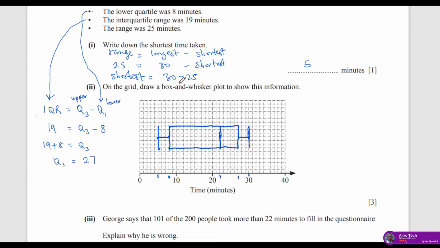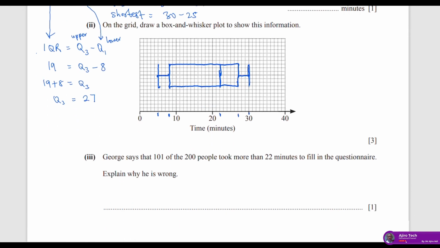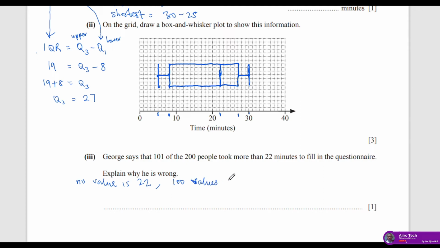So let's assume that if no value is 22, then you have 100 values on both sides of the median.